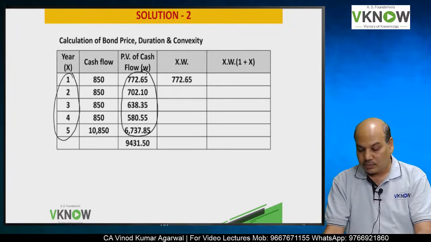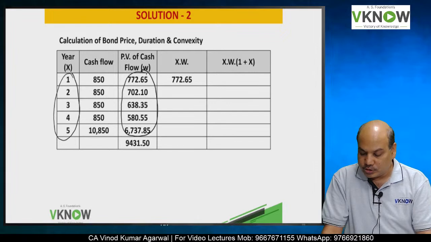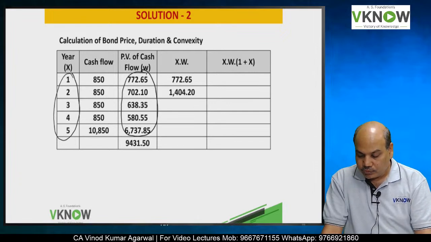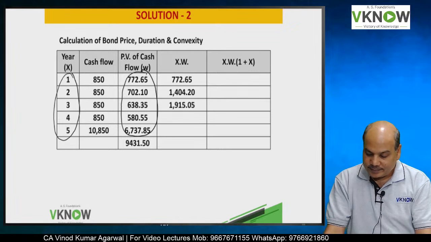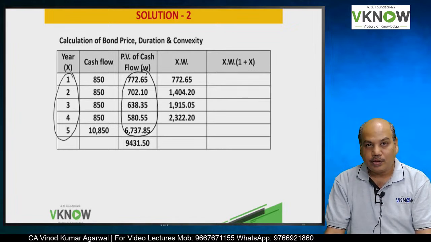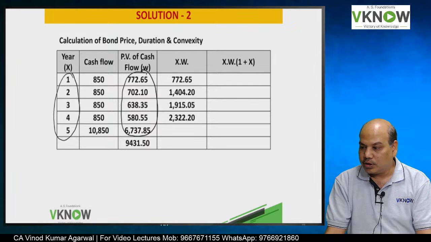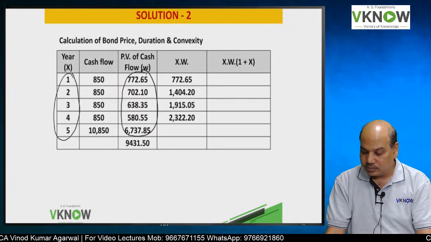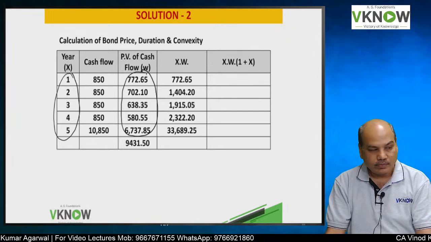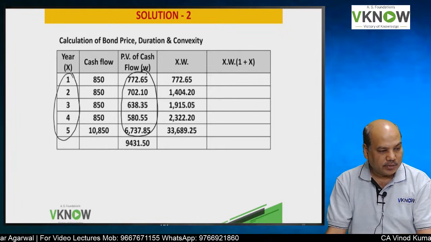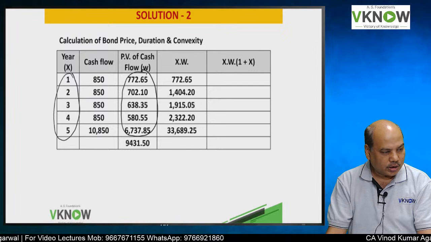So follow me. 1 into 772.65, memory plus. 2 into 702.10, 3 into 638.35, 4 into 580.55, 5 into 737.85. After multiplying, take the total.